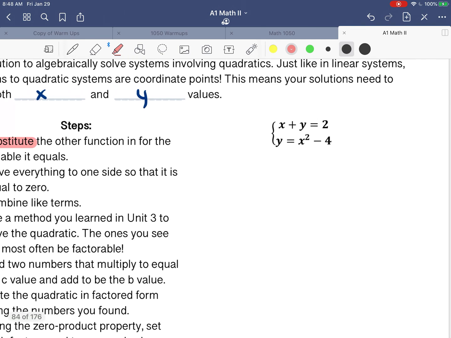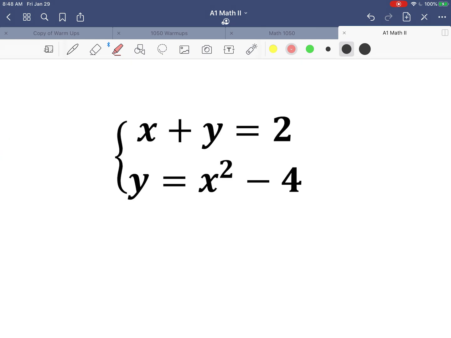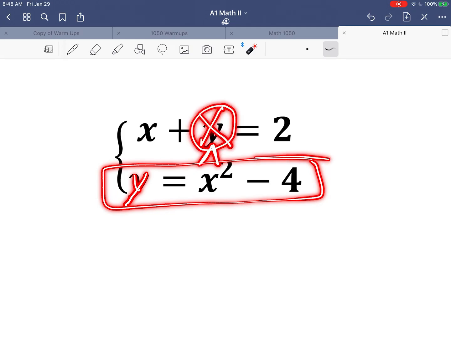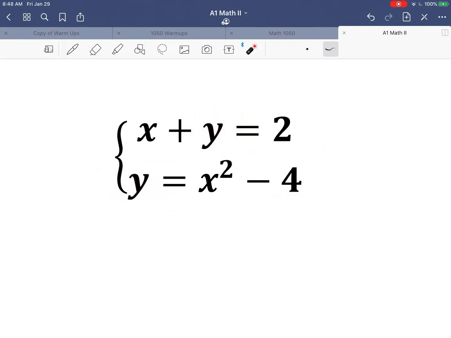Because this function is solved for y, we can put this whole function into that function where y is. So we can replace this y with this much of the equation. That's what we're doing.